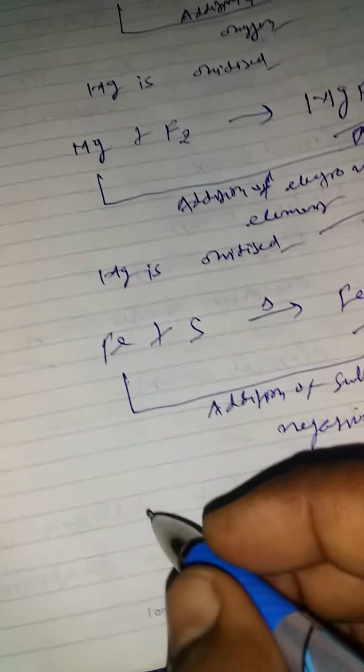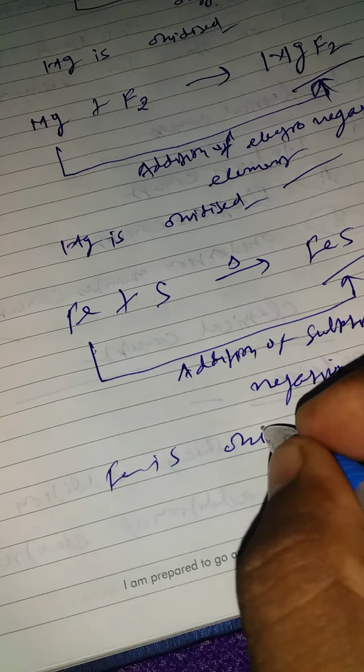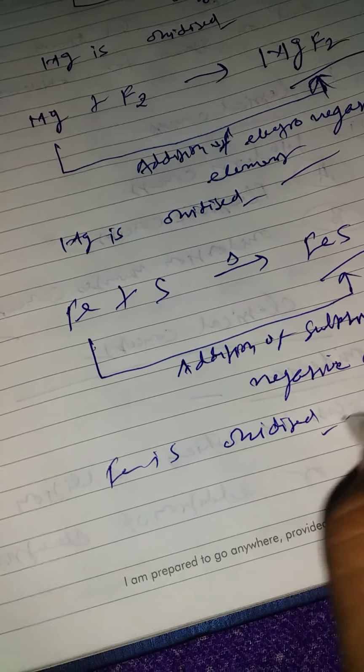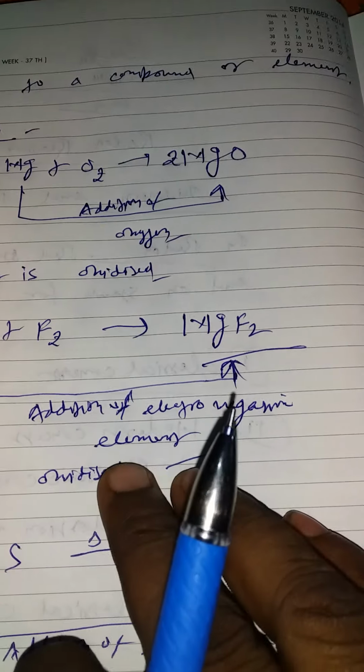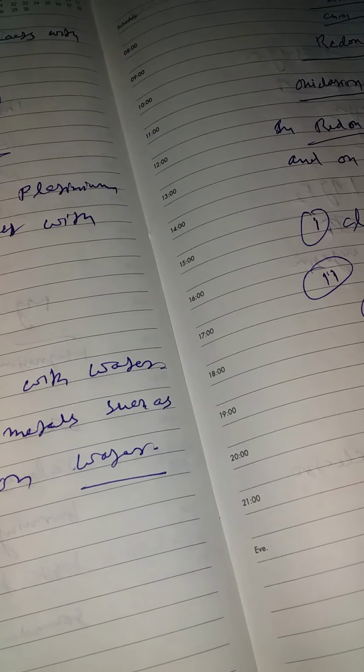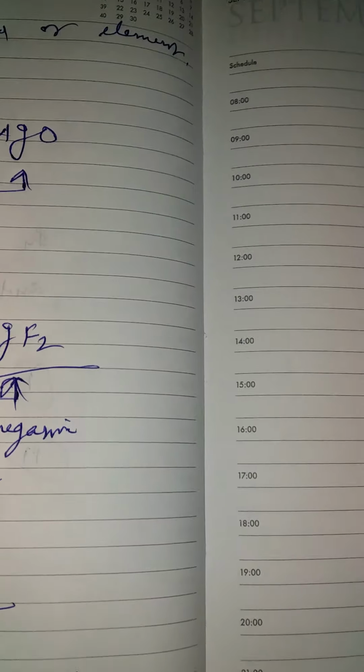So iron is oxidized. Oxidation means addition of oxygen or addition of electronegative element.